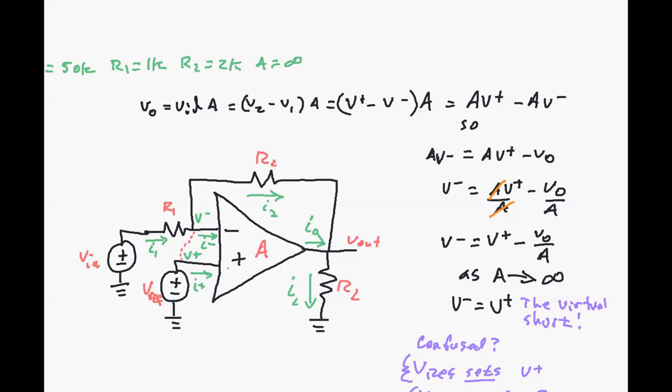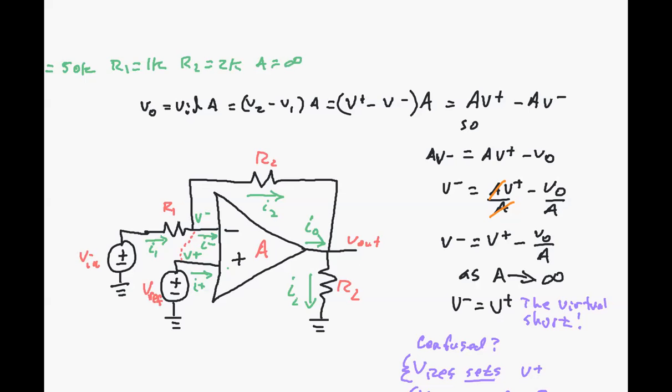Well, V plus is driven by Vref, an ideal voltage source in this drawing, so V plus has to be the voltage of Vref. But V minus is driven by both this power supply and the output of the op amp, which means the op amp can adjust its voltage so that V minus follows this relationship. And that's what it does.